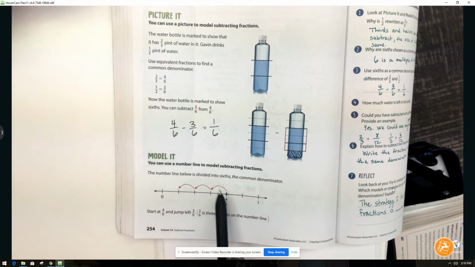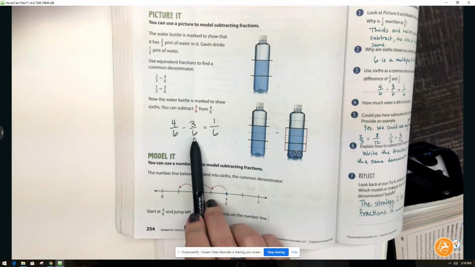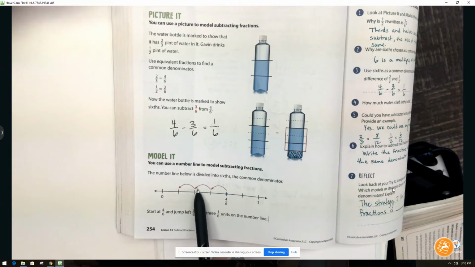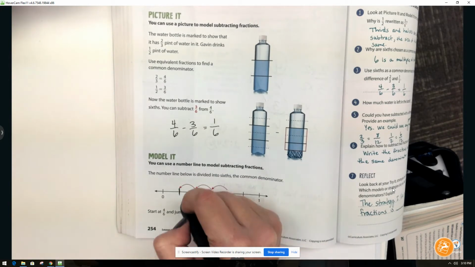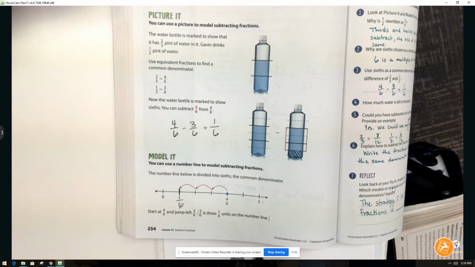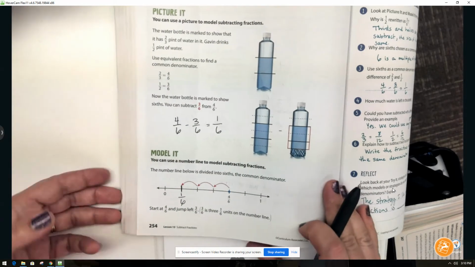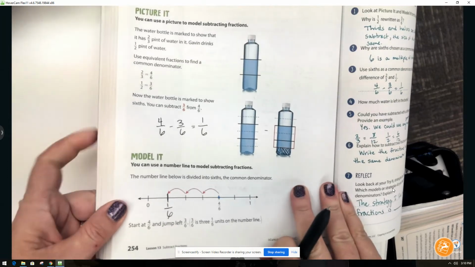So we start at 4/6, and then we count backwards 3/6: 1/6, 2/6, 3/6, which takes us here, at 1/6. So 4/6 minus 3/6 equals 1/6. That's how you use the number line to do the same math problem.